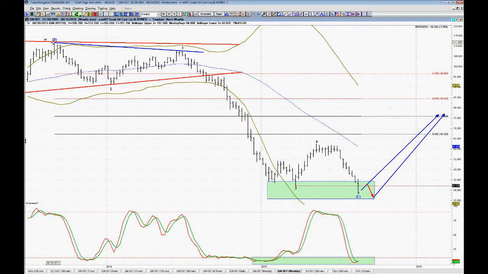So since this began when crude was at around 112, and it ended just last week when crude spiked down to 39, let's round this up to 40, and let's round this down to 110. That's 70 points of travel. Half of that will be 35 points. We'll add that to the rounded up 40 level, and that brings us to 75.